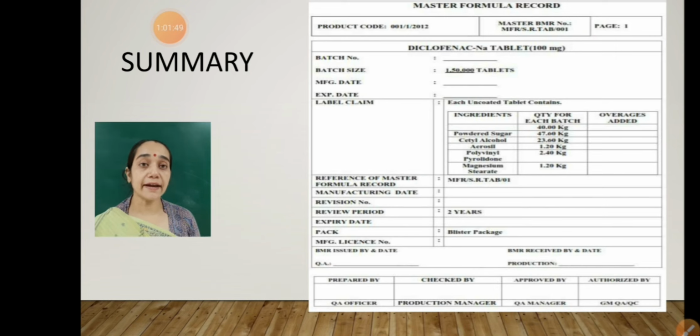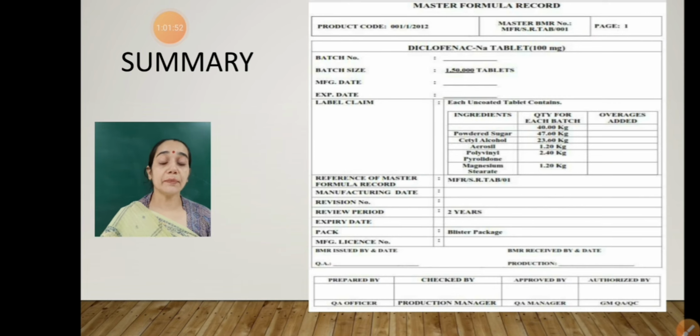Now after writing this page 1, there will be the signatures of the signatory authorities. The name and signature of the QA head and production head will be written over here, and below this it will be written who prepared this master formula record: prepared by the quality assurance manager, checked by the production manager, approved by the quality manager and approved by the production manager.